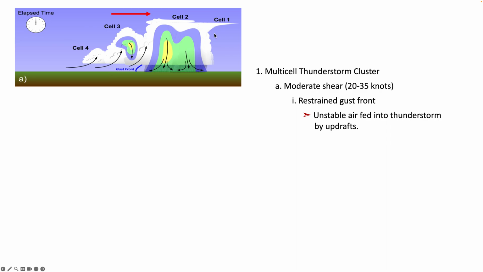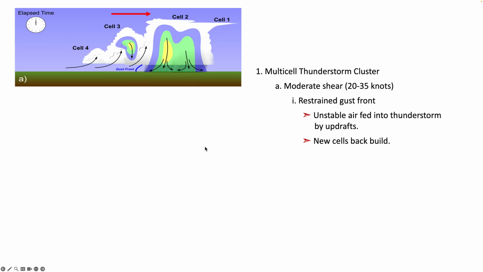So here is basically cell 1, which is dissipating, cell 2, which is mature, and cell 3, which is beginning to form as a result of this outflow boundary gust front behind the storm, feeding new air up into the cluster, which is reaching the level of free convection, and so we're getting new thunderstorm development. So what we see in this case is that as the entire cluster is moving off from left to right, we're getting back-building thunderstorms. So a thunderstorm moves over an area, a new thunderstorm forms, moves over the same area, and so on.